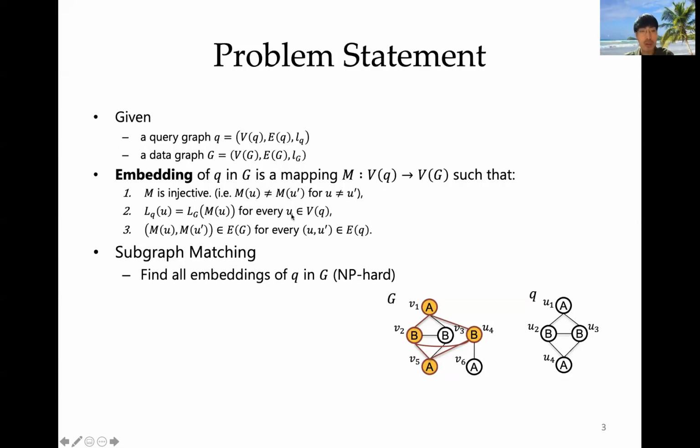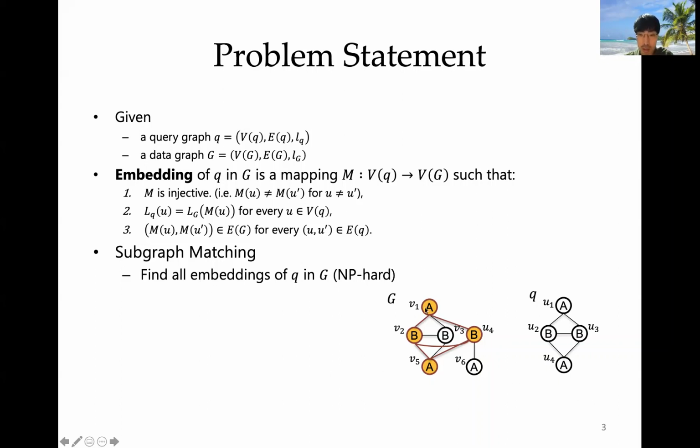For every query vertex u, its label is the same as its mapping's label. And for every edge in a query graph, there is a corresponding edge between mapped vertices in a data graph. So subgraph matching is to find all embeddings of Q in G, which is NP-hard.